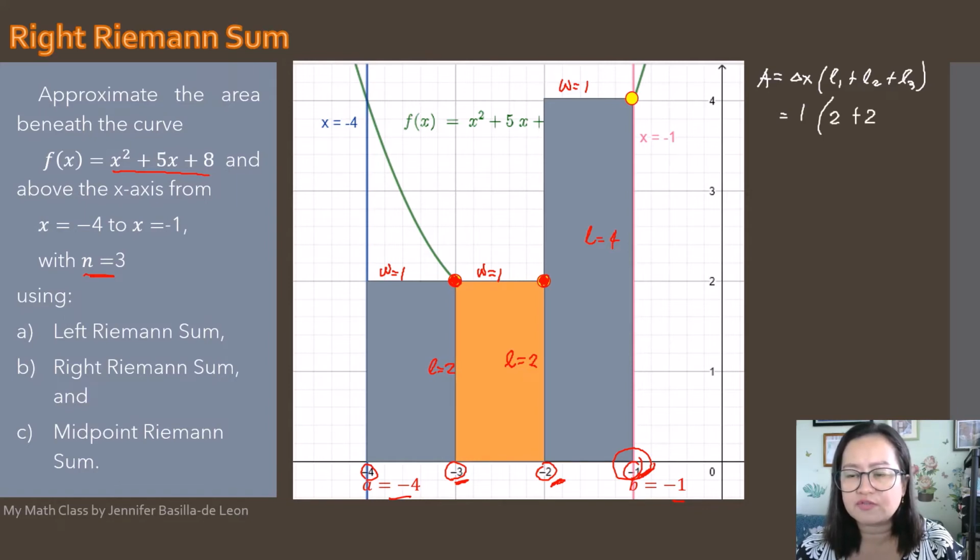The length of the second rectangle is also 2. And the length of the third is 4. So we shall have 8 for the total area. So using the right Riemann sum formula, we also have 8 square units.